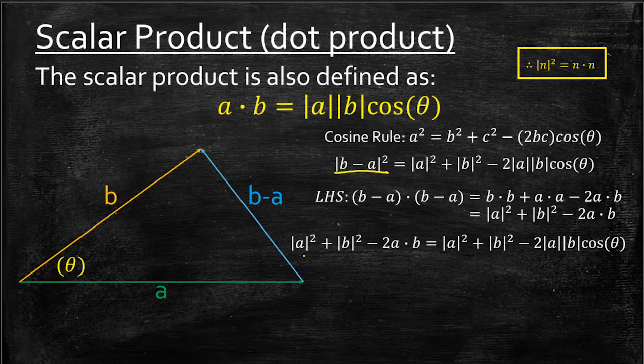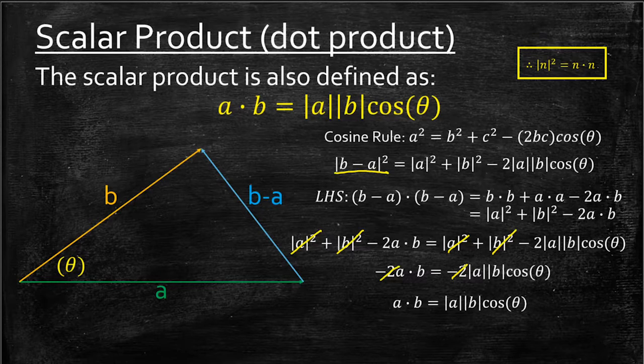Now, you may notice that the modulus of a squared will cancel out, the modulus of b squared will cancel out, and what we're left with is minus 2a dot b equals minus 2 modulus of a modulus of b cos of theta. And if we divide both sides by negative 2, those two will cancel out, and we are left with the result that we wanted, that the dot product a dot b equals the modulus of a modulus of b cos of theta.